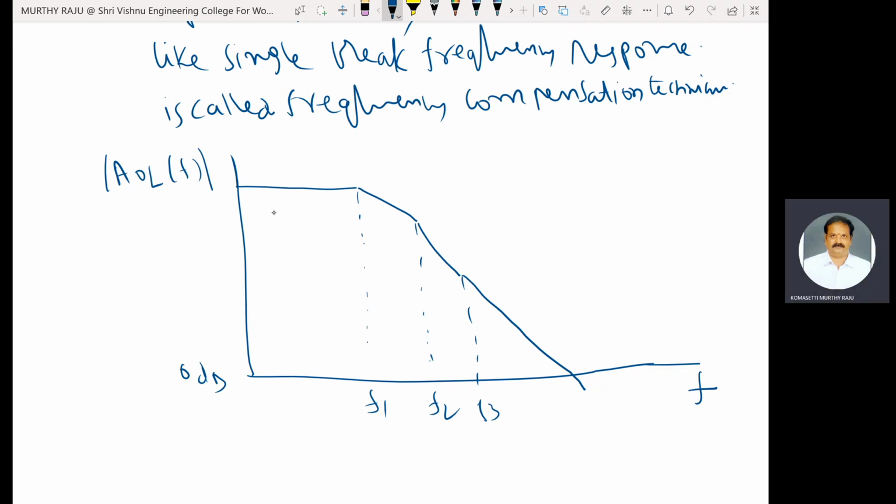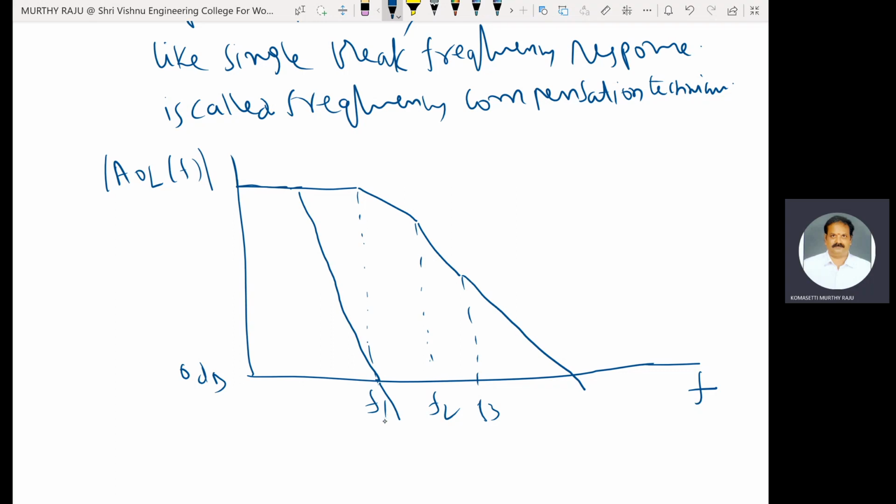By introducing a compensation network, the gain of the amplifier decreases in that fashion and crosses the 0 dB axis at one of the break frequencies of the uncompensated system.